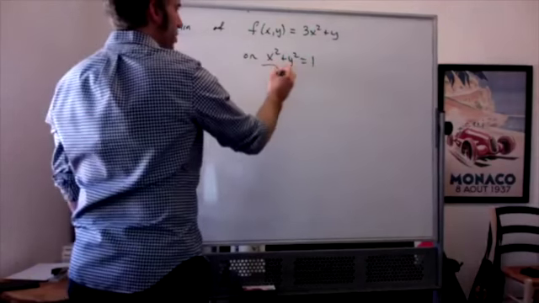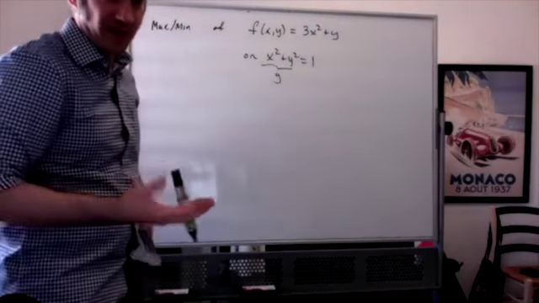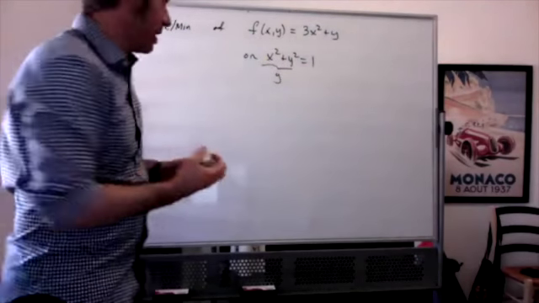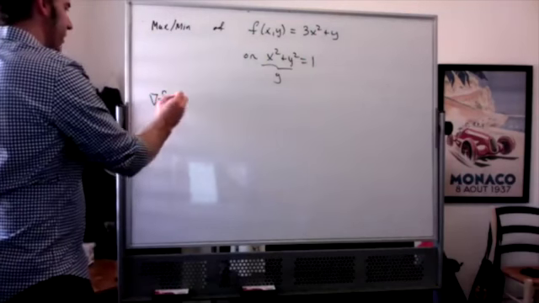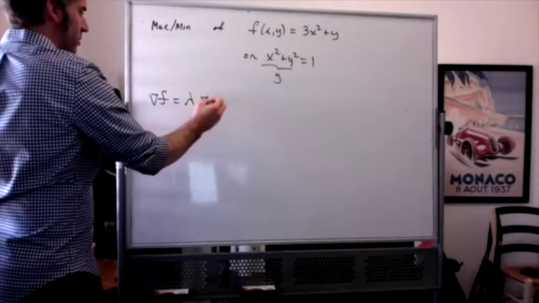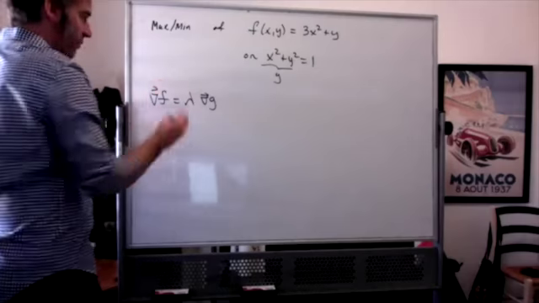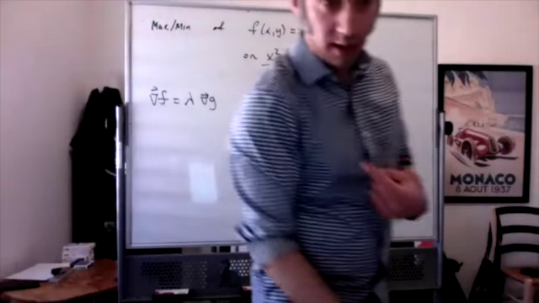So that's going to be your g. This one only has x and y. There is no z. So go ahead and set the gradient of f equal to lambda times the gradient of g, and work on solving that. I'll be right back.